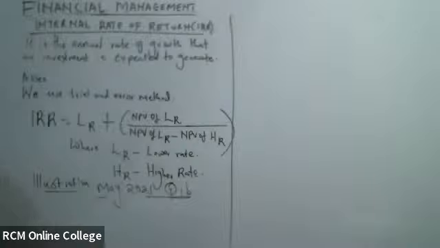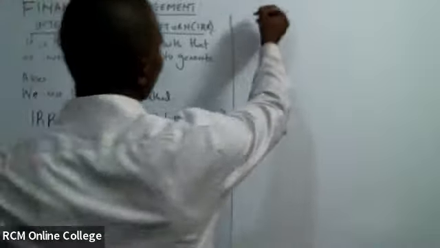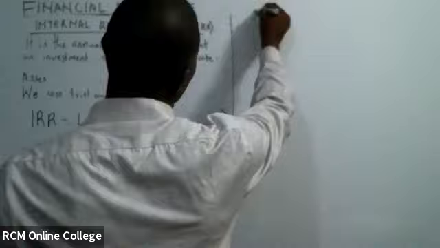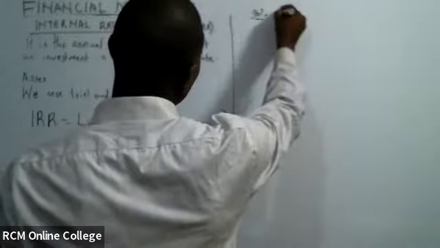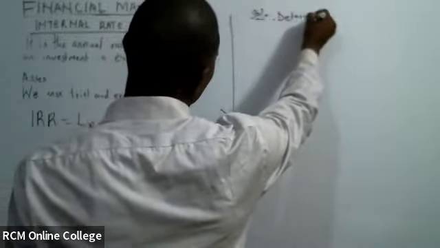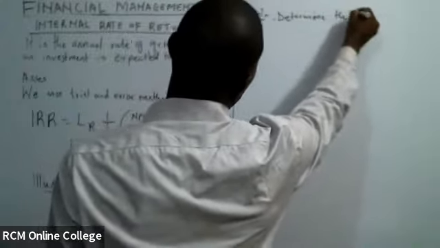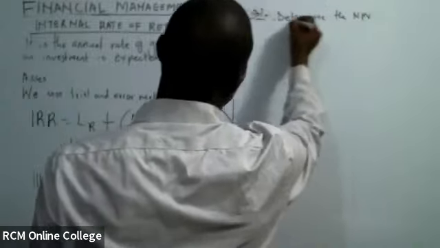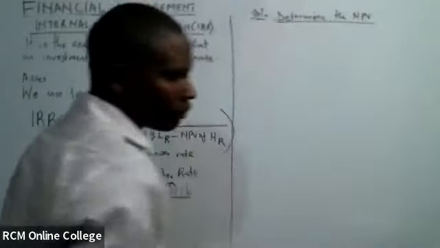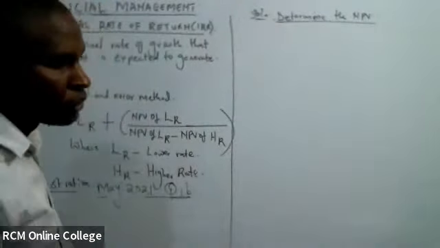Okay. So we want to advise the management. The first step is to determine the NPV. So let's move with it very fast. Determine the NPV, the net present value.